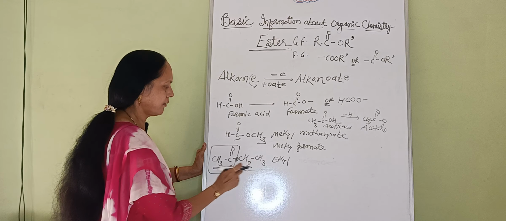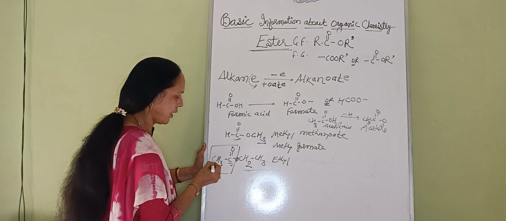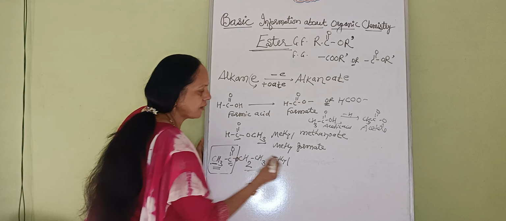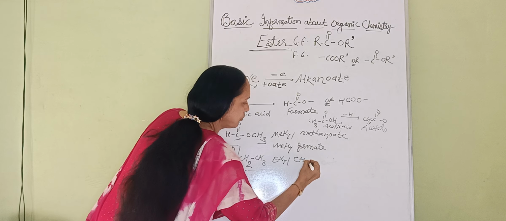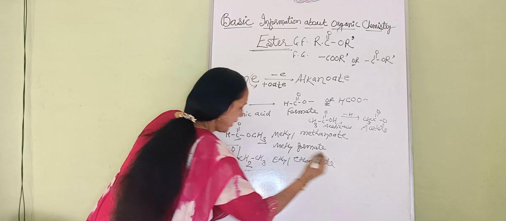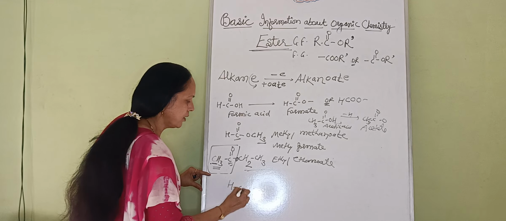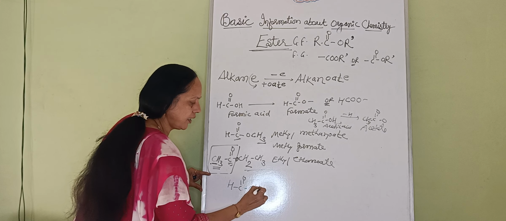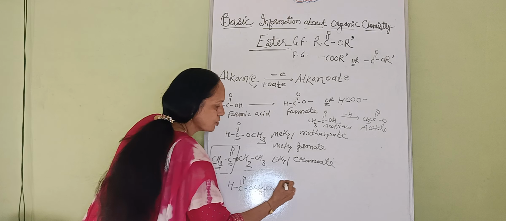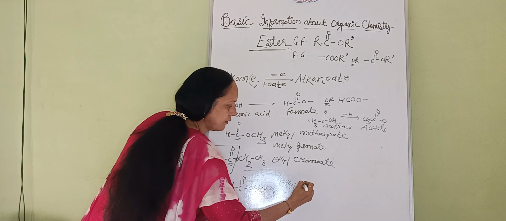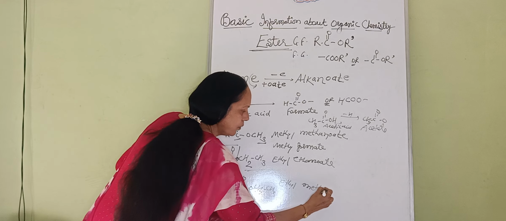Here this is the ethyl group, and two carbons are written. When two carbons are there, it is ethyl ethanoate. If I write a single carbon here, CH3, then it is ethyl with one carbon, and the name of the compound is ethyl methanoate.